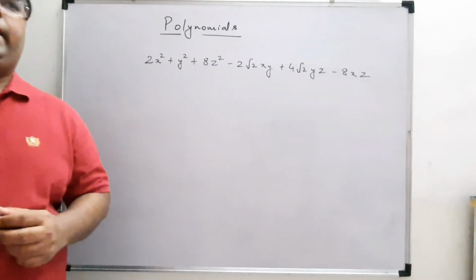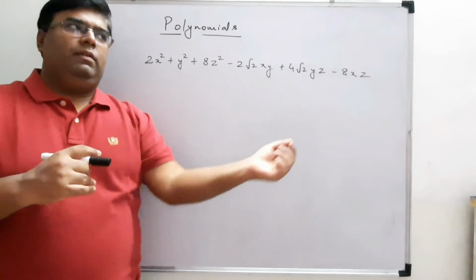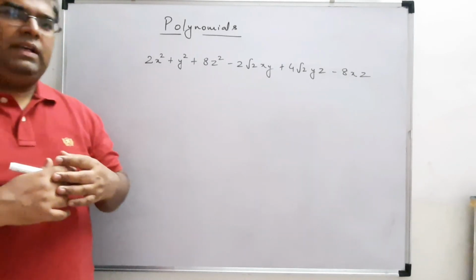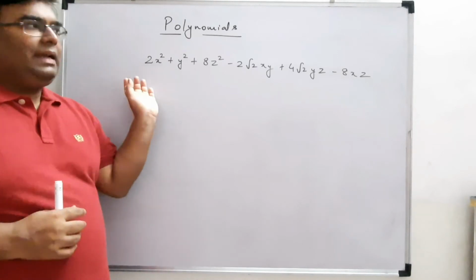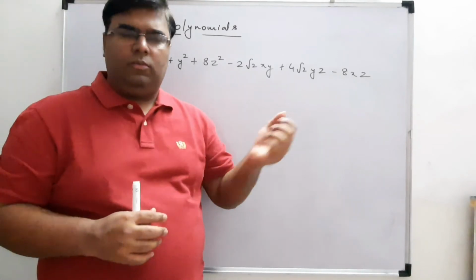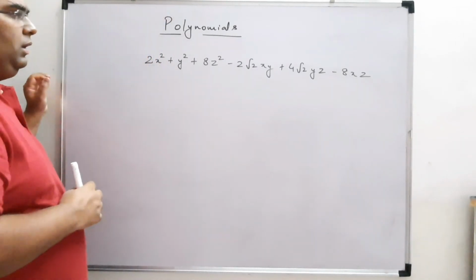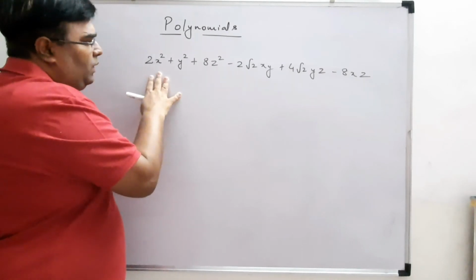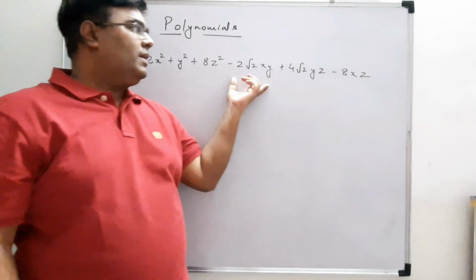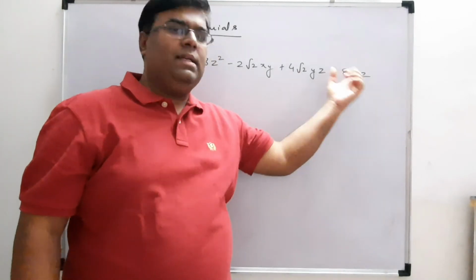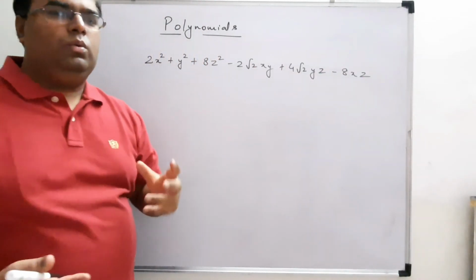So this is how we can use the formula. Now let us take one example where we will use one of the formulas which we have just learned. The question is to factorize all these terms. The question is 2x square plus y square plus 8z square minus 2 root 2xy plus 4 root 2yz and minus 8xz. So which formula to use?